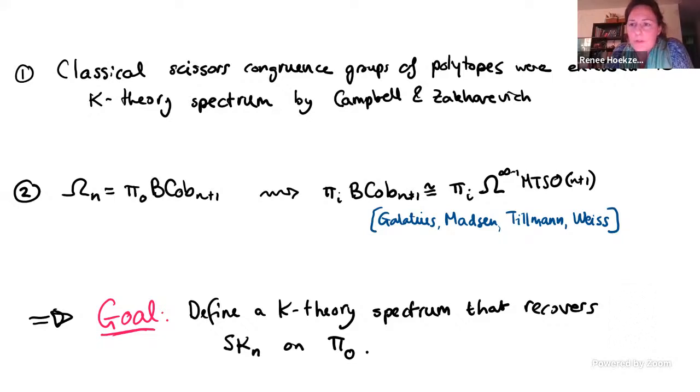So this is also sort of a categorification of these cobordism groups to higher groups that have something to do with manifolds. So the goal was to define a K-theory spectrum that recovers these SK groups.